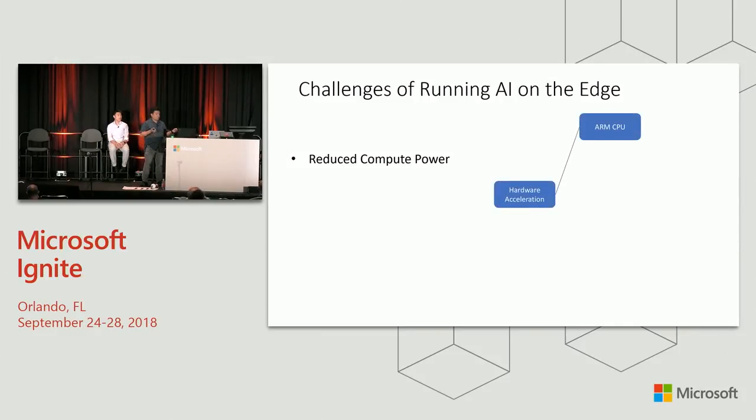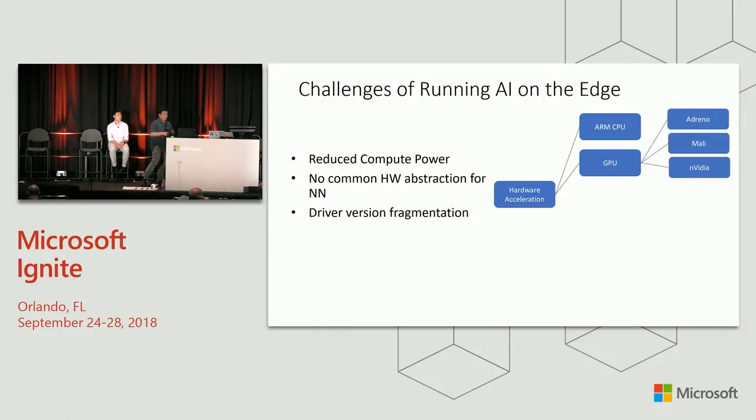There's reduced compute power because they have to run these low compute processors. Now, you could try to use GPUs, but they're very small GPUs, and there's a fragmentation, and there's not a common abstraction for them. There's nothing like DirectX for GPUs in phones or in IoT devices. The alternative is then to be able to introduce neural network accelerators.